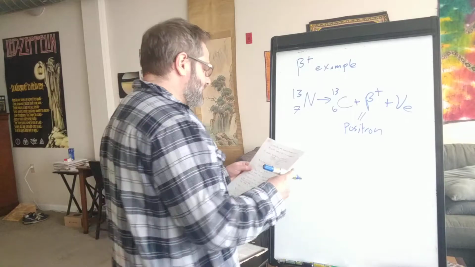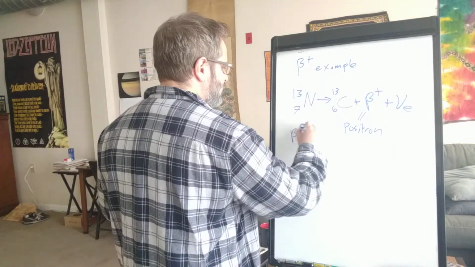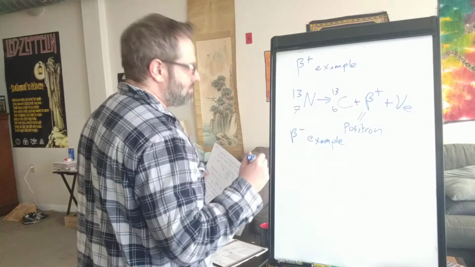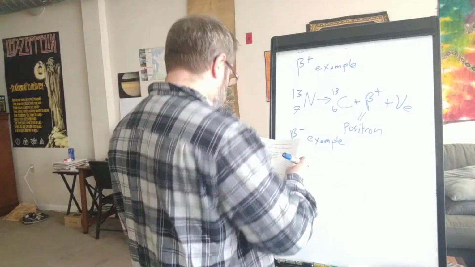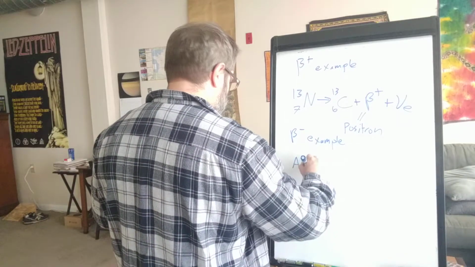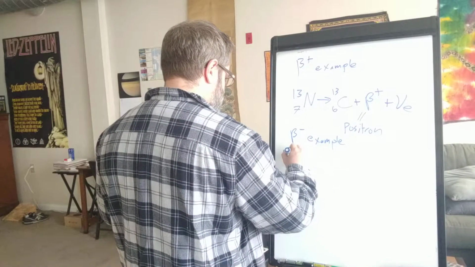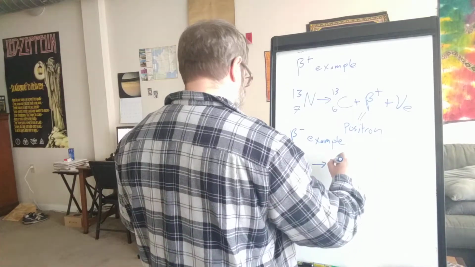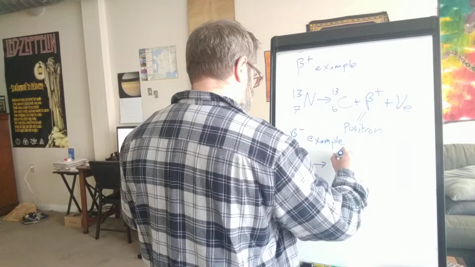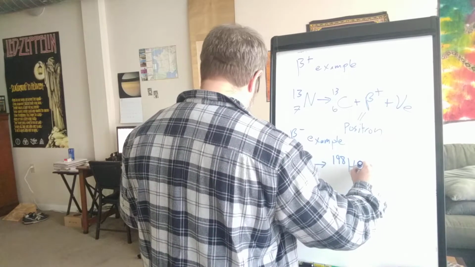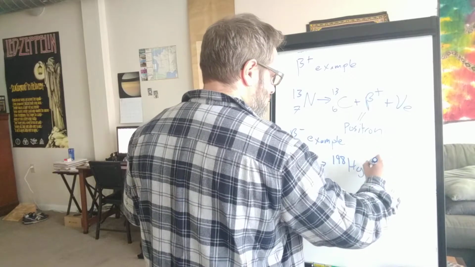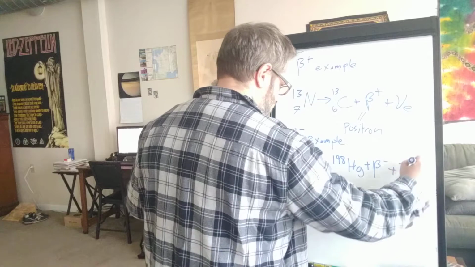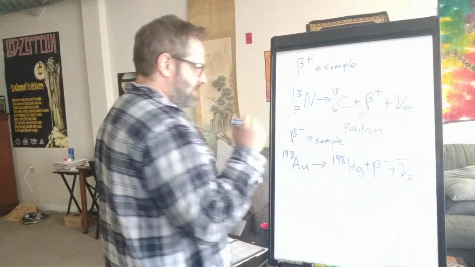Okay. And then an example of a beta minus would be gold turning into mercury plus beta minus particle plus an electron antineutrino.